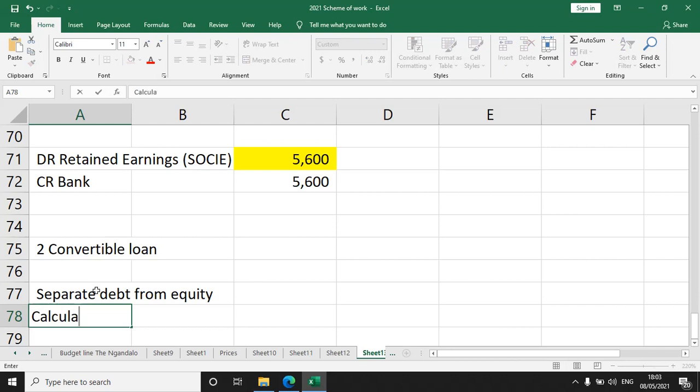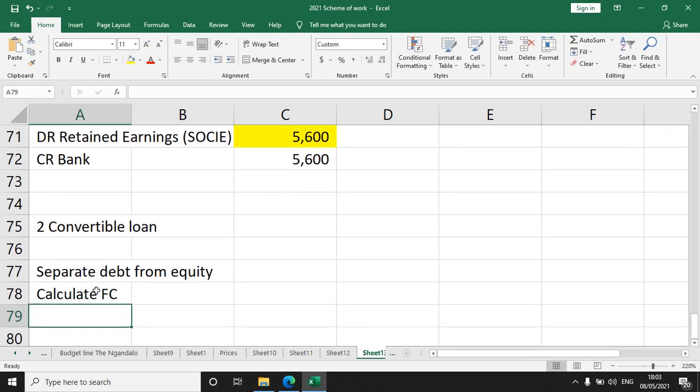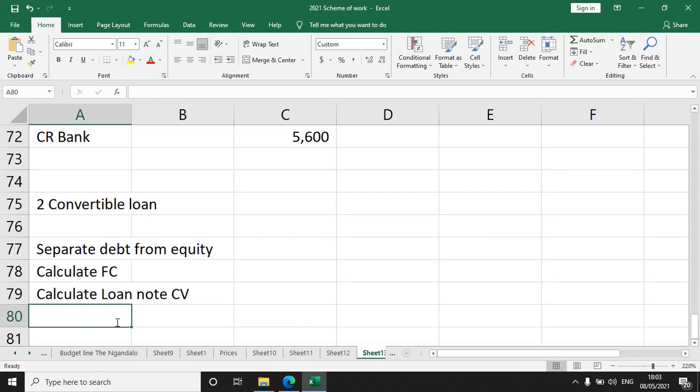So 3 things should be done on this note. Calculate finance cost, which is as good as interest, and then calculate what we may call the loan note, not CV, and then also calculate the equity component. So about 4 things are coming out of this particular note.